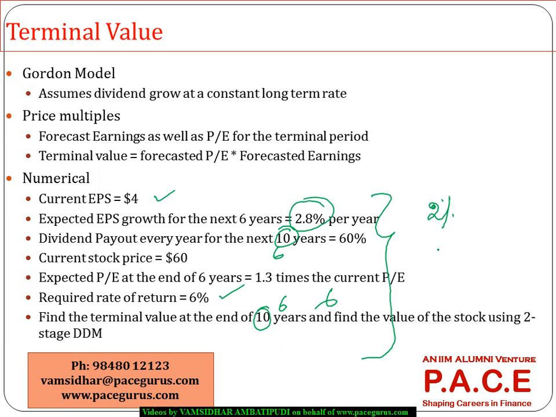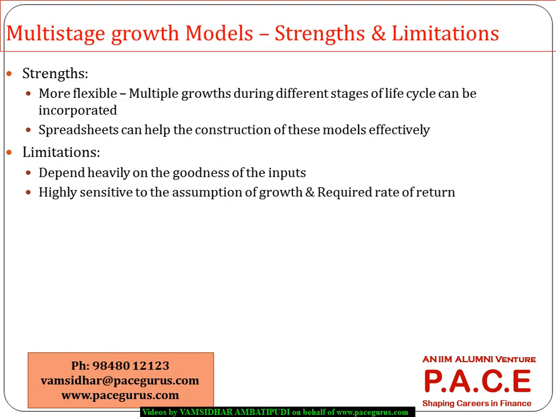Find the present value of all those dividends using the NPV approach to finally arrive at the value of the security using the 2-stage discounting model. The same way you can use a 3-stage or even an H model to find the value of the security.